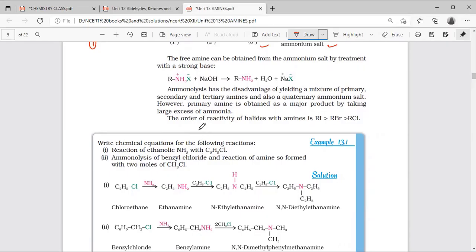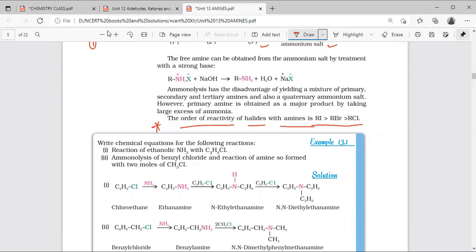Next, this point is important. The order of reactivity of halides with amines is RI higher than RBr higher than RCl. See, what is the question here? Which alkyl halide can form amines easily?